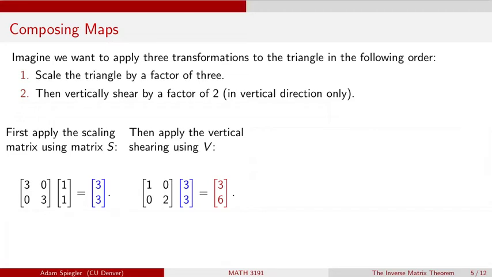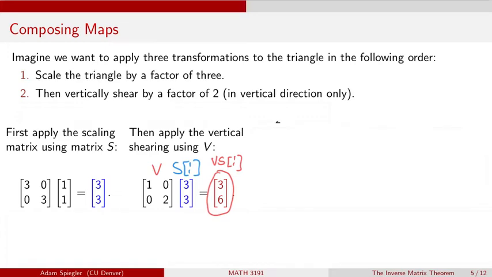So this 3, 3, just recall, that came from applying the scaling matrix S to this vector at 1, 1. And now we tack on to that vector V, and out comes 3, 6. So this column vector 3, 6, this is the result of first applying S, then applying V to the vector 1, 1.